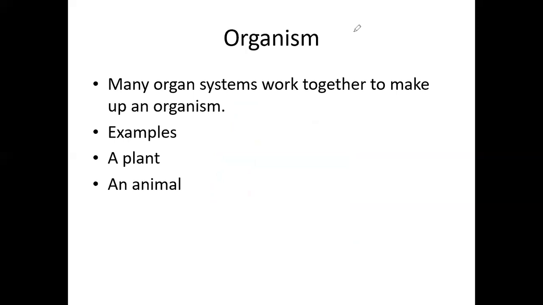So different systems work together, and then there is the formation of one organism. So an example of an organism is a plant or animal. Here is an example of an organism, and you know very well about it.